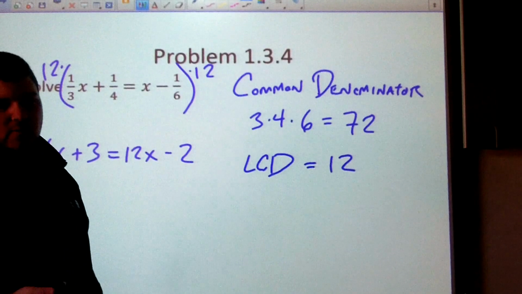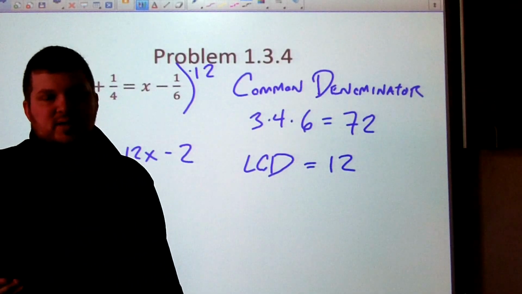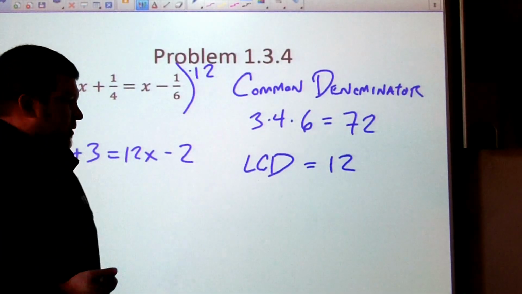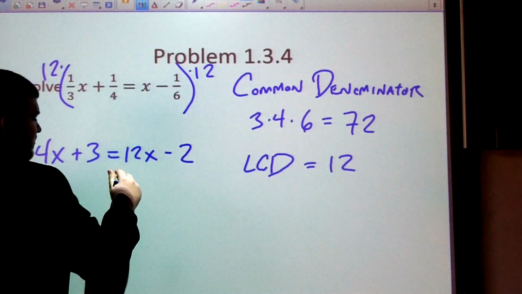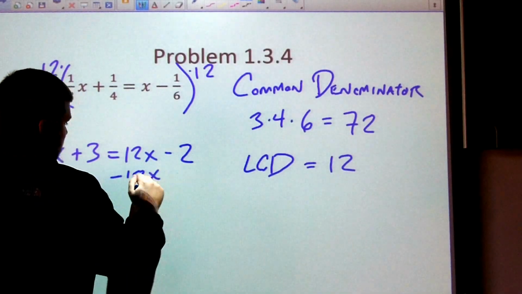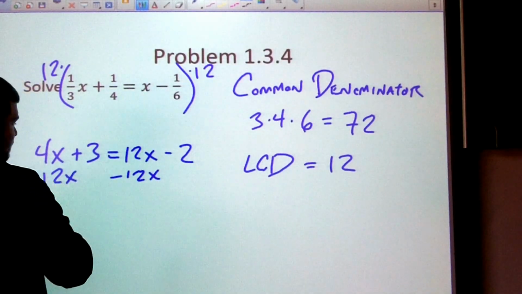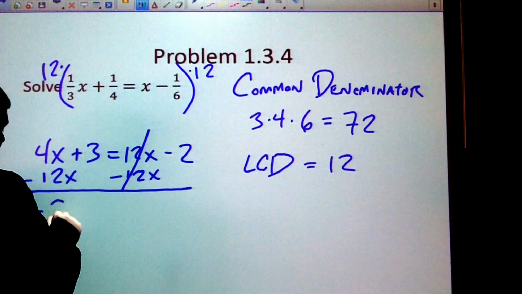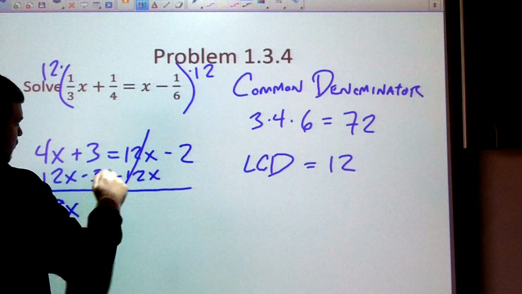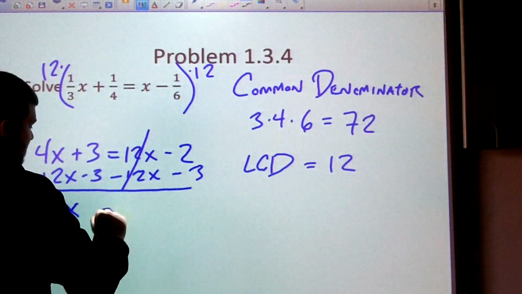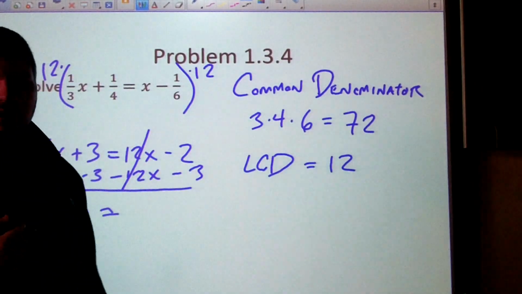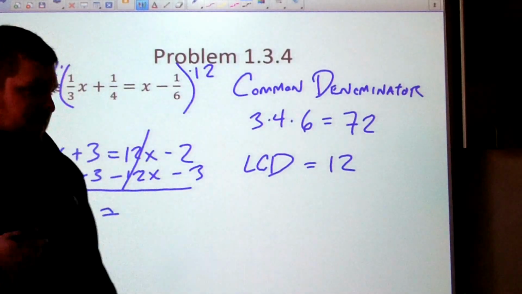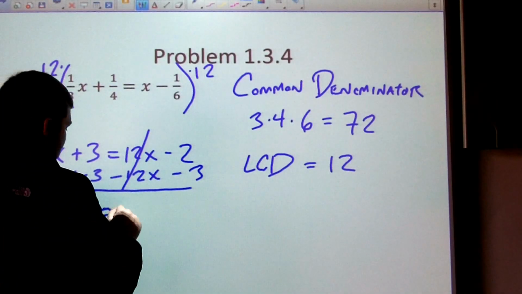We have variables on both sides, again, constants on both sides. So we know what to do from here. Okay, so variables on the left-hand side. So I'm going to subtract 12x. Cancel out. So we have negative 8x minus 3 just to get constants on both sides. Now I know I'm going a little bit quicker with this problem because we've done it several times now, so just try to keep up as best as you can.